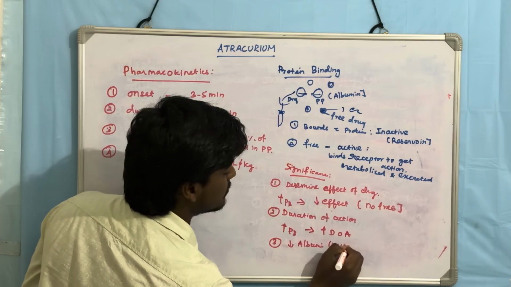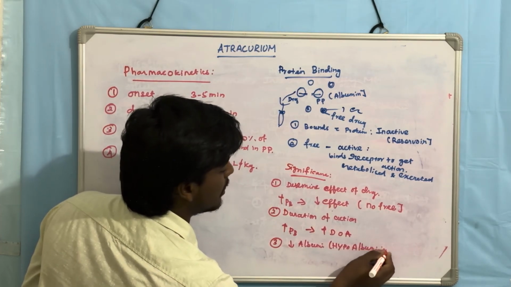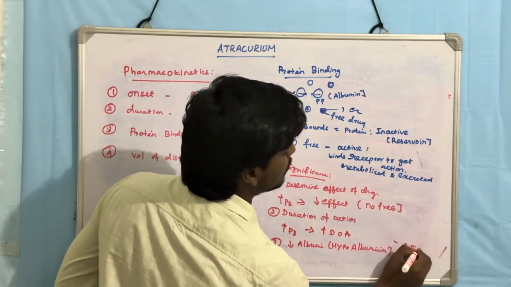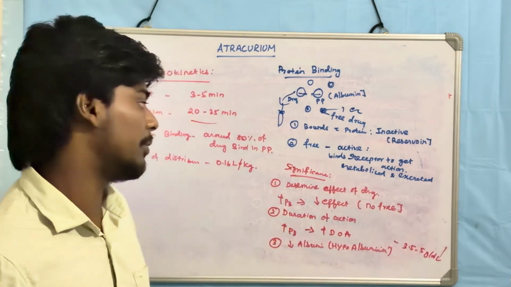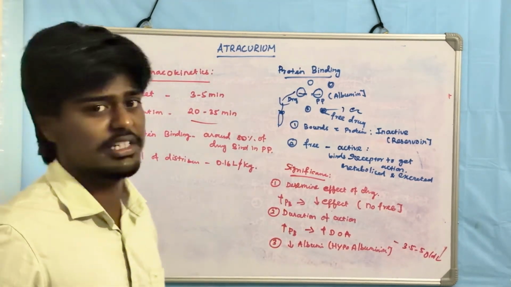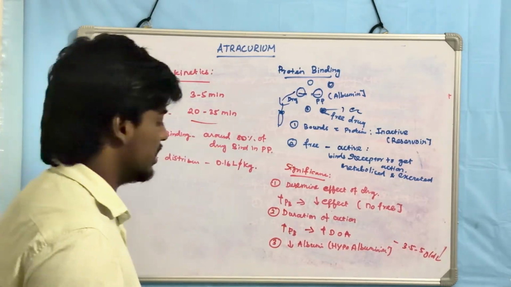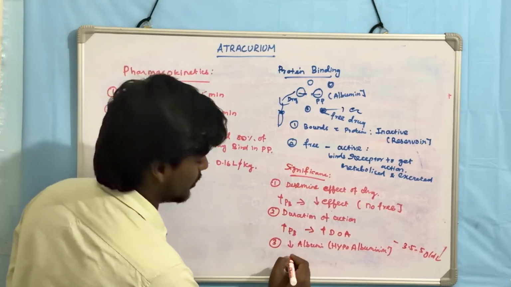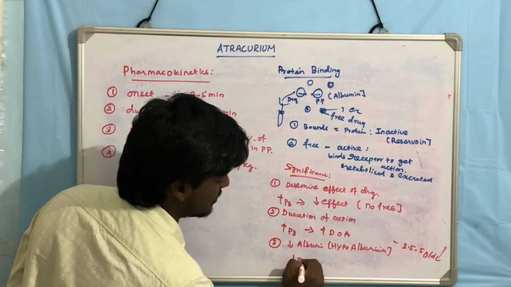hypoalbuminemia, decreased albumin in the blood. The normal albumin value is 3.5 to 5 gram per deciliter. It falls below 3.5 gram per deciliter in conditions like liver disease, nephrotic syndrome, and burns. In this condition the albumin level is low, so protein binding is less and the bound drug is less.